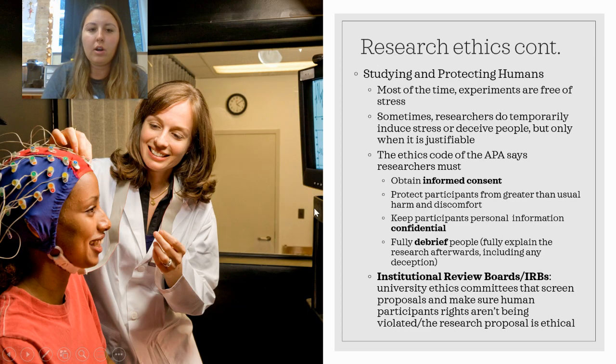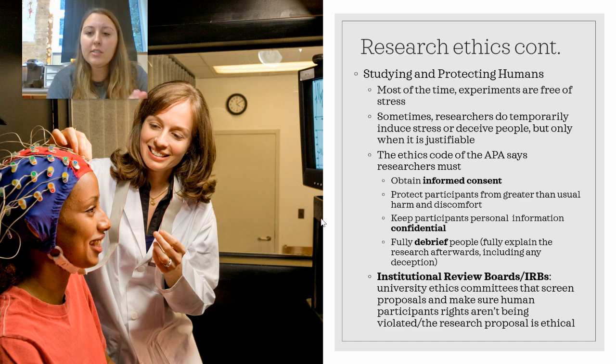Now, for studying humans, a lot of it is the same, but there is some more stuff we do as well. One thing is that we have to try to minimize the amount of stress and or deception in a research study unless absolutely necessary.